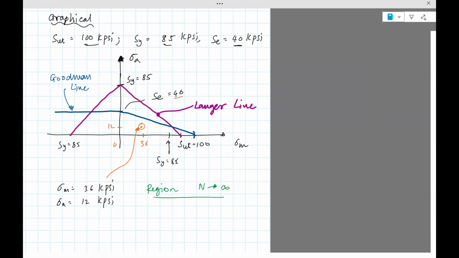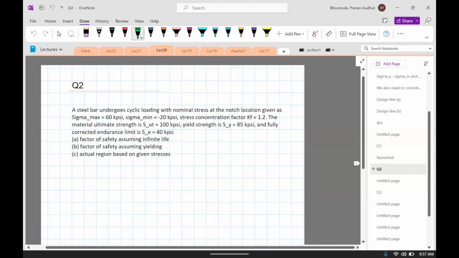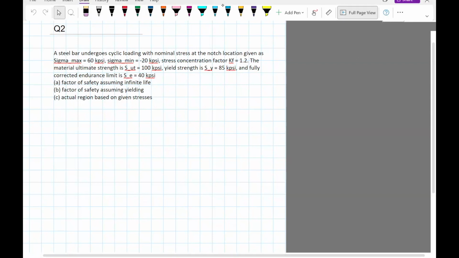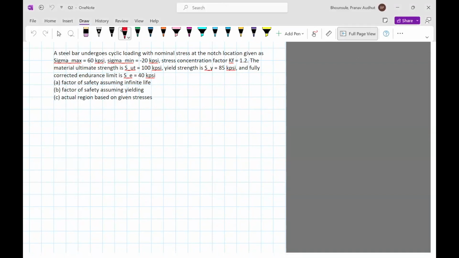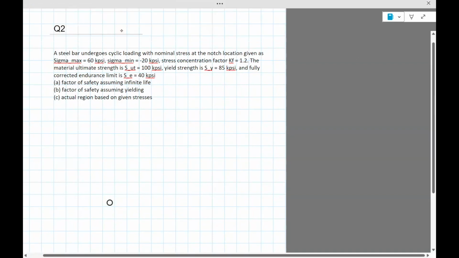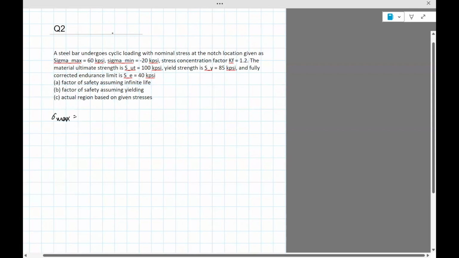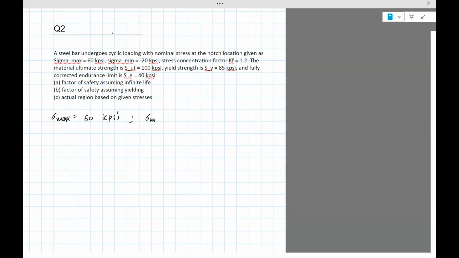Now there's another problem which repeats this same thing. What I've done in this problem is change the stresses. So sigma max now is 60 kpsi. Sigma min is minus 20 kpsi.